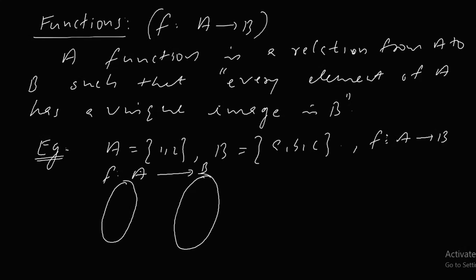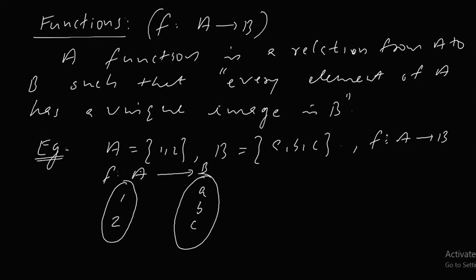But how can we write one? This is the set A, and B contains the elements a, b, c. Now let's see how we can map 1 and 2 to B so that f becomes a function.